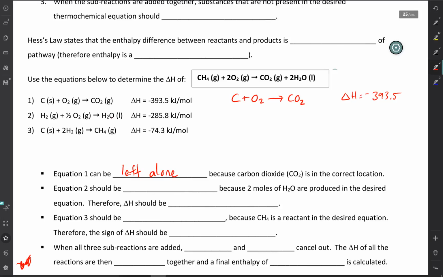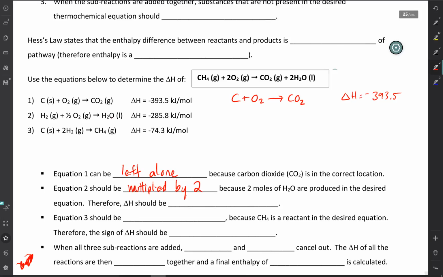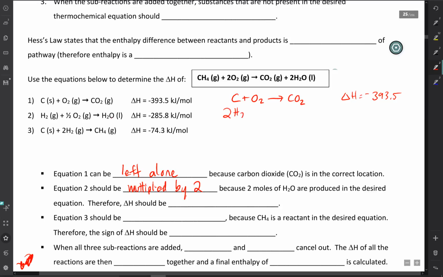If you take equation 2 and you multiply it by 2, or doubled. So let's do that with the equation first. So that gives me 2H2 plus O2 is going to make 2H2O.